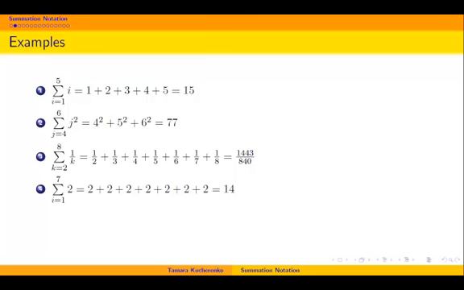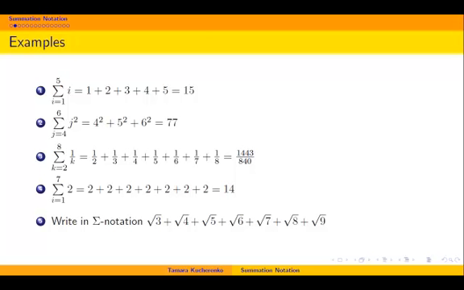Now let's look at the opposite question. Write in sigma notation the sum square root of 3 plus square root of 4 plus square root of 5 plus square root of 6 plus square root of 7 plus square root of 8 plus square root of 9.